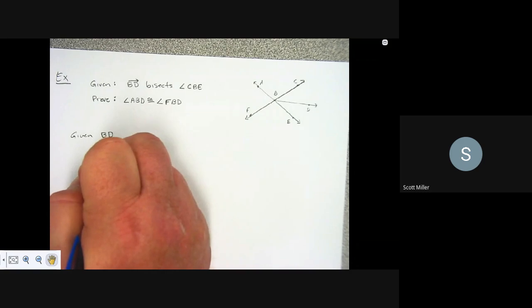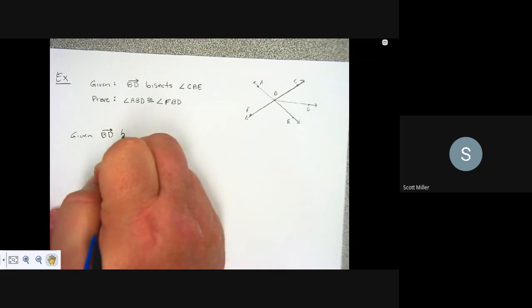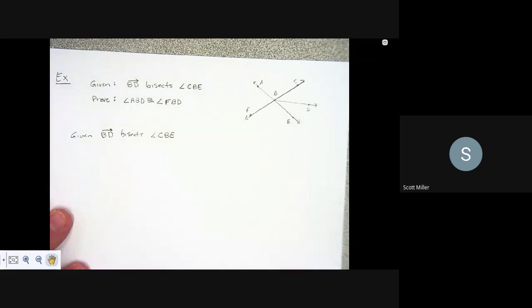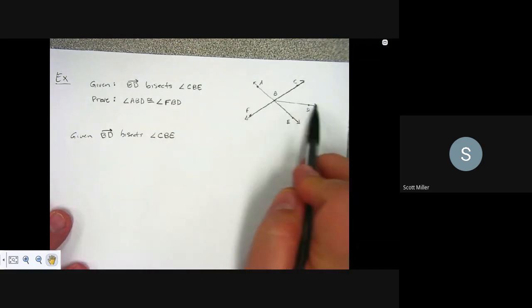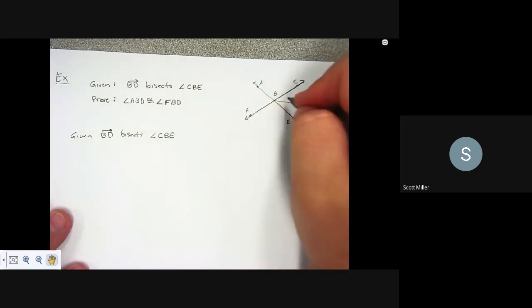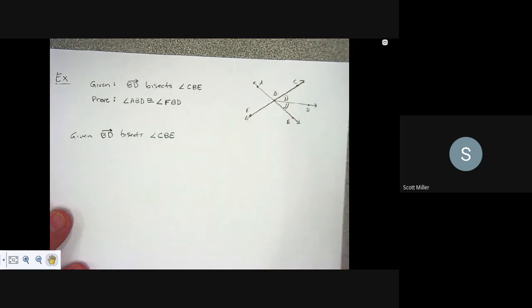Ray BD bisects angle CBE. This bisects this angle. So by saying that, it just told me that this angle and this angle are now congruent.